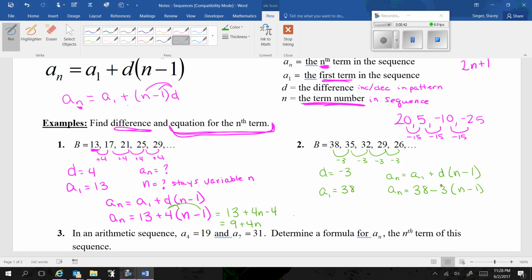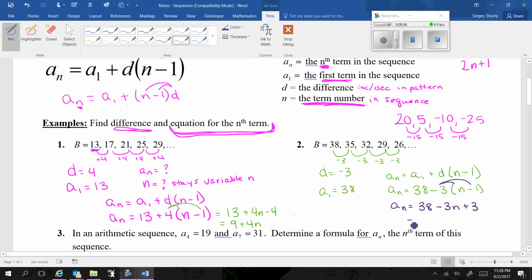I would distribute my negative 3 into my binomial. So I'd have a sub n equals 38 minus 3n plus 3, which would give me 41 minus 3n.